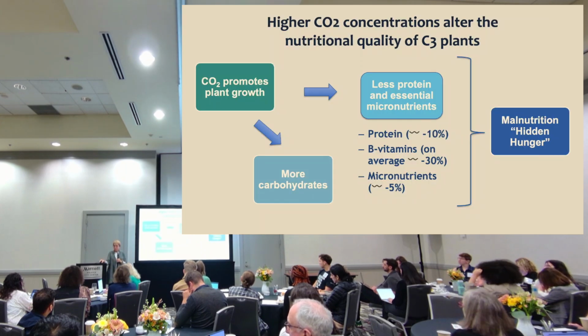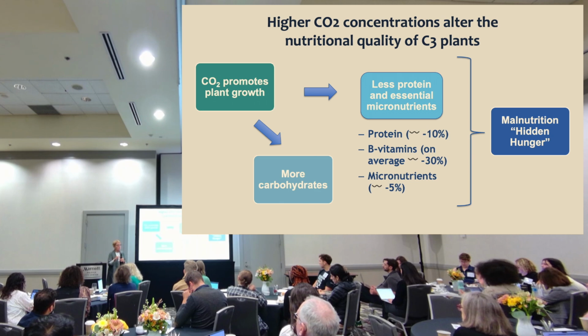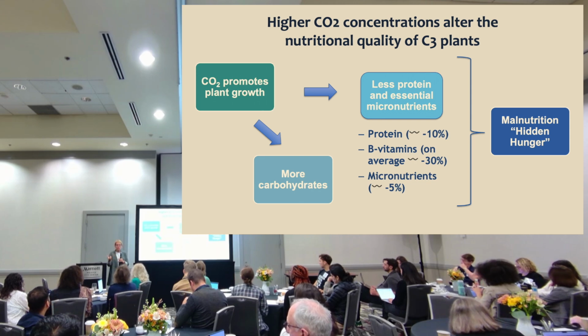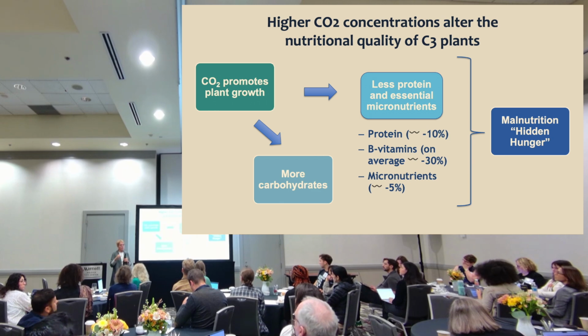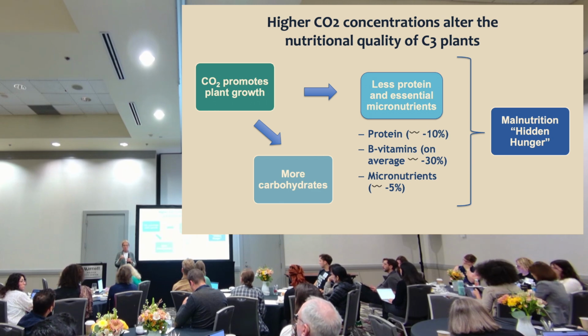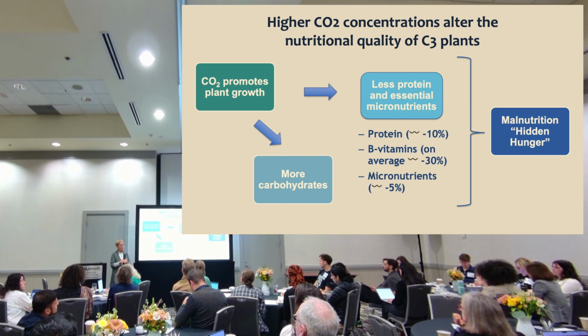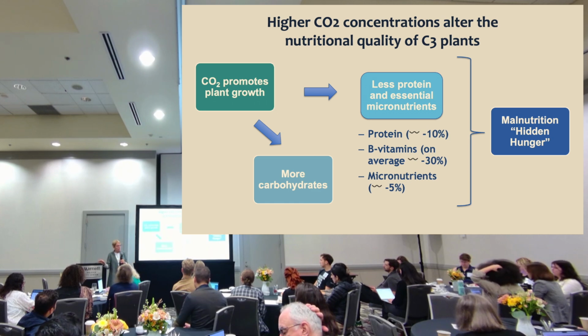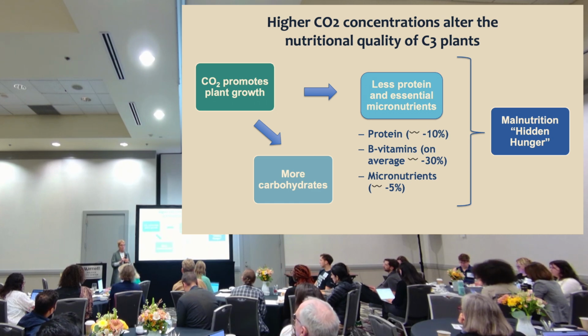The other is through carbon dioxide itself. So this is not climate change, this is carbon dioxide. All of our plants use a photosynthetic pathway to bring in carbon dioxide from the atmosphere, bring it into the plant, and break it into carbon and oxygen, and use the carbon to grow. There are just a few major photosynthetic pathways. 85% of our plants use one photosynthetic pathway.